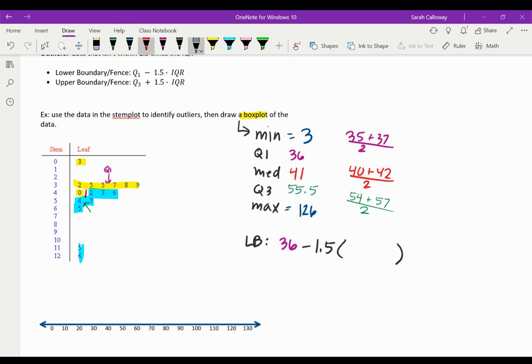If I calculate the IQR, it's Q3, 55.5, minus the 36, which gives me an IQR of 19.5.